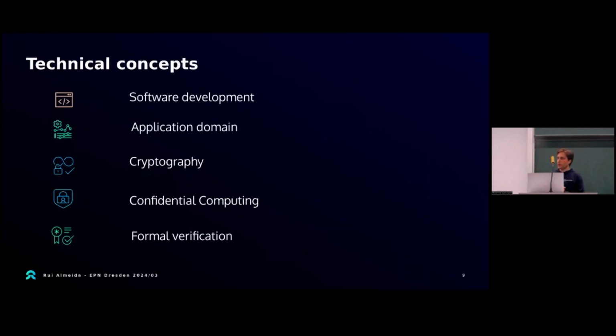So what do we mean by following the attestation processing and obtaining these measurements? What are the actual technical concepts that the user who wants to independently verify the attestation, who wants to verify the confidential computing platform, needs?